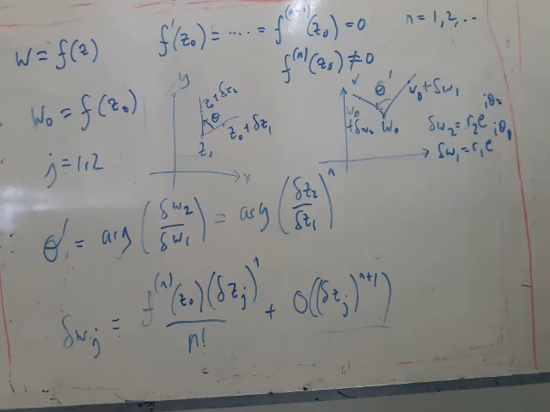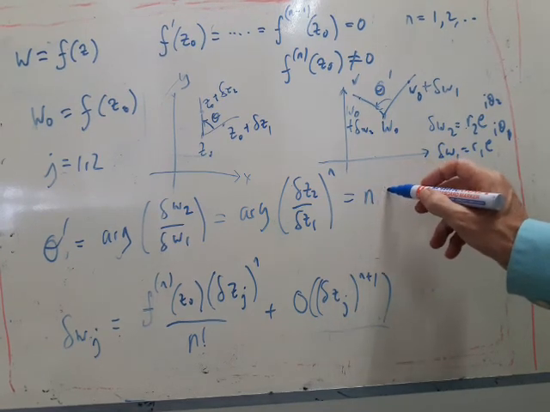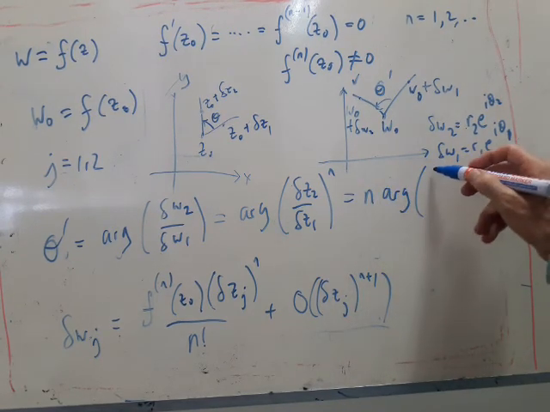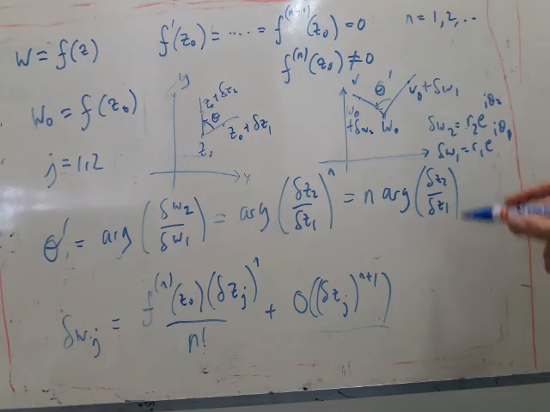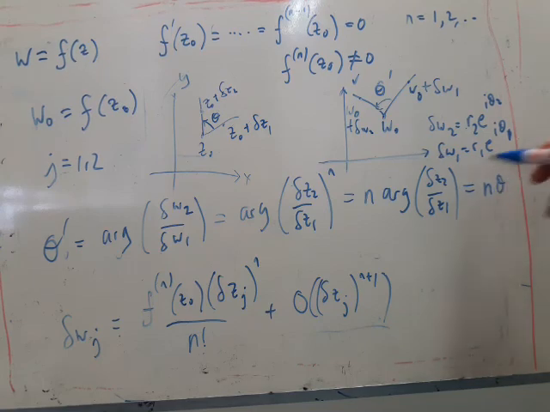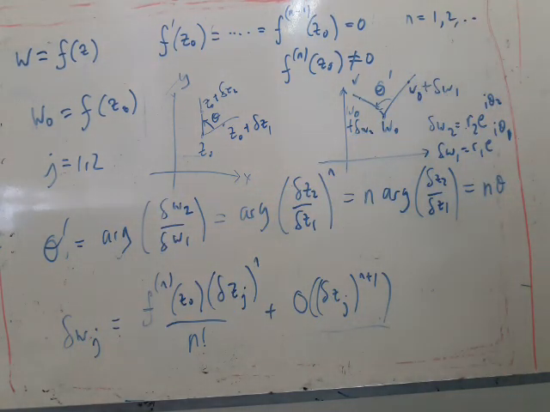Now the argument of a complex number raised to the power n is just n times the argument. So this is equal to n times the argument of delta z2 over delta z1. And this we said is equal to theta. So we end up with theta dashed is equal to n theta, which is the thing we're trying to prove.